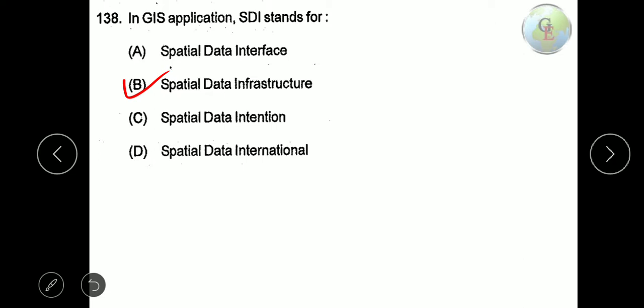Working together to map and document the Earth helps to create a structure for managing knowledge using geographic information system solutions to create spatial data infrastructure, ensuring that data and resources are available to organizations and stakeholders that need them. So SDI in GIS application is spatial data infrastructure. It is used to ensure that data and resources are available to organizations and stakeholders when they need them.